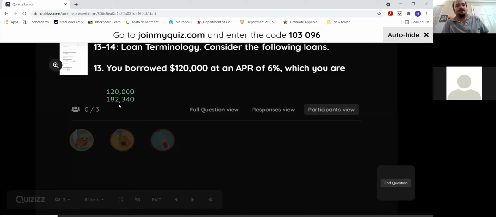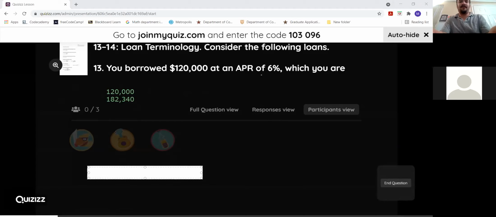If I pay 182 and my principal was 120, how do I find out how much of that goes to interest? So this is my total, and 120 is the amount that is my principal. Then the amount that's the interest is the stuff that is not my principal, right?